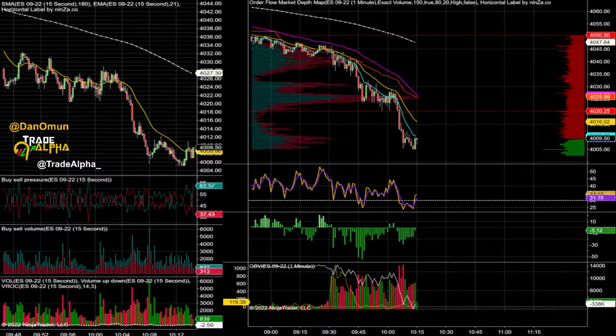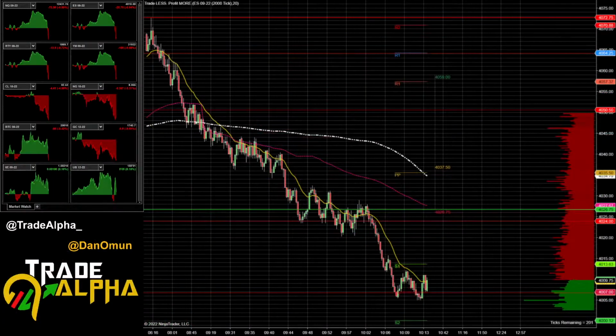Okay, so we've got a reasonably sized bull bar here. Let's look at the 2002 chart.